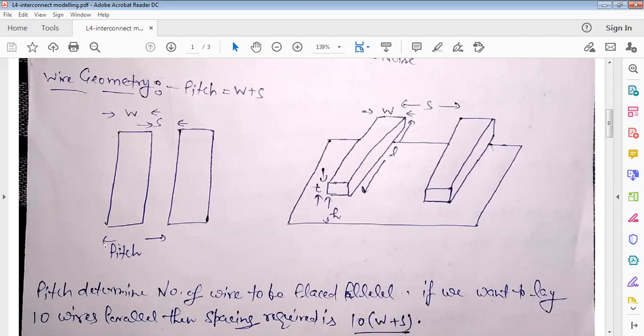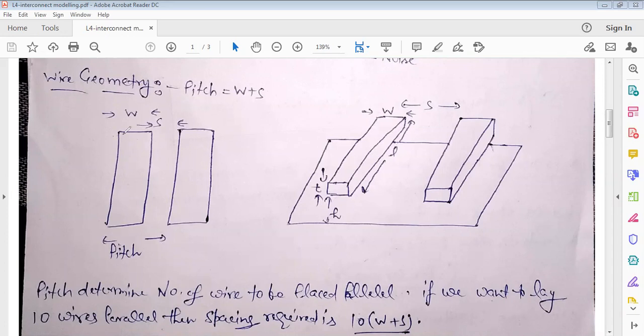What is the importance of the pitch? Suppose we want to place 10 parallel wires. How much spacing is required to place these 10 wires? This is the pitch.